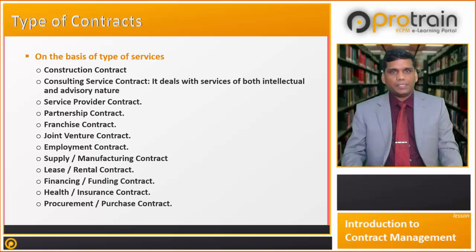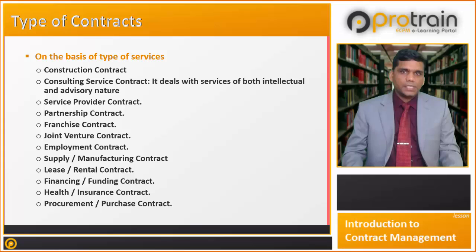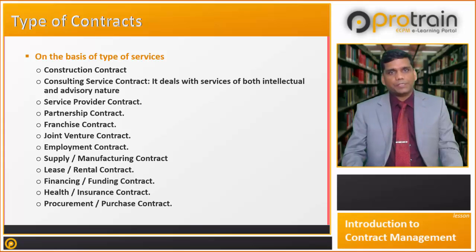Now let us look at types of contracts. On the basis of type of service, contracts are broadly categorized into contracts for supply of goods, works, consulting services, and non-consulting services. There are also other types of contracts which are case specific.